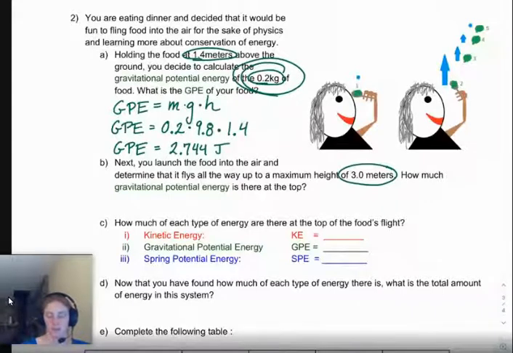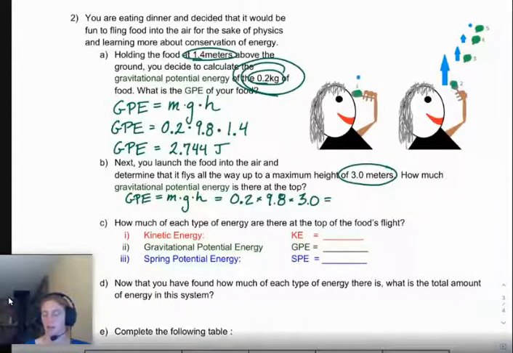So what I'm going to do is again write the equation GPE is equal to my mass times the gravitational field strength times height, and then I just need to substitute in each of those numbers. So the mass is 0.2 kilograms, G is 9.8, and my height is 3 meters. And when I multiply that out, I get 5.88 joules.